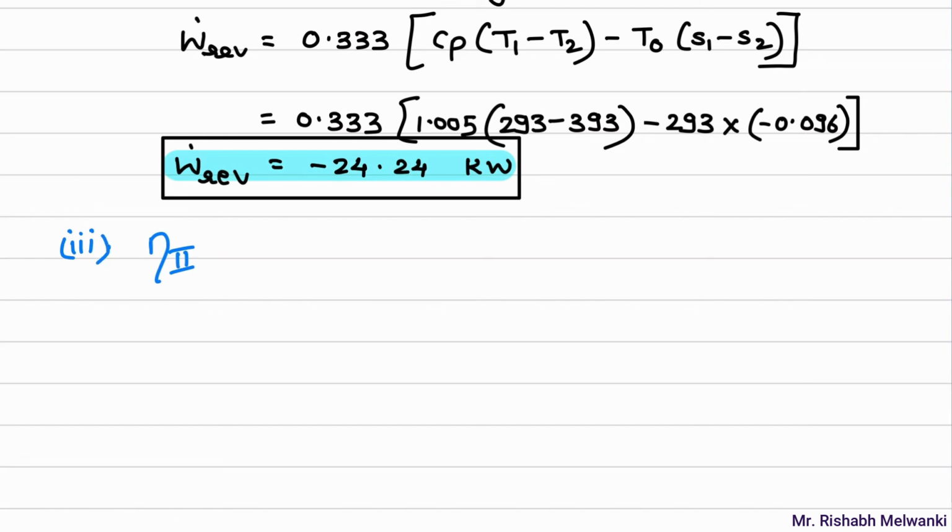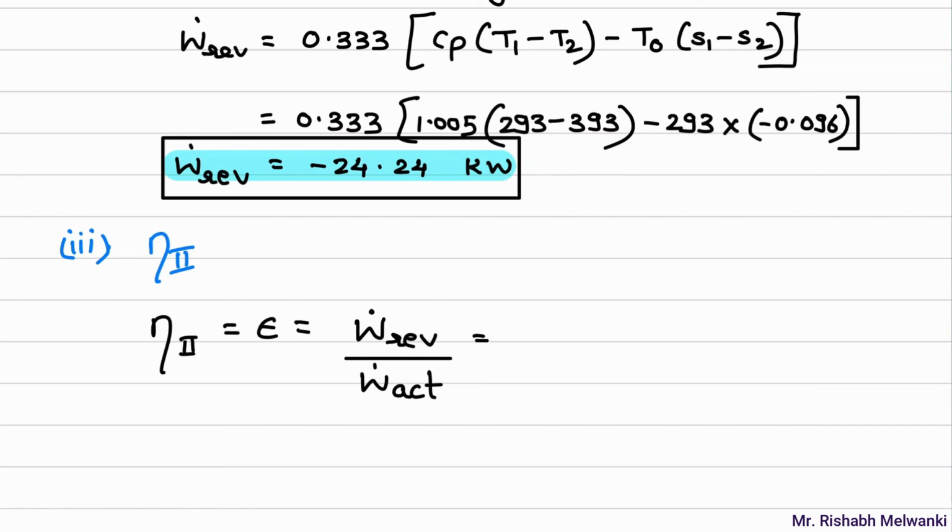Basically, you have to take the minimum value upon the maximum value. W reversible is minimum. So the second law efficiency or effectiveness will be given by the smaller value upon the larger value. W dot reversible will be minimum for the compressor. So W dot reversible upon W dot actual.